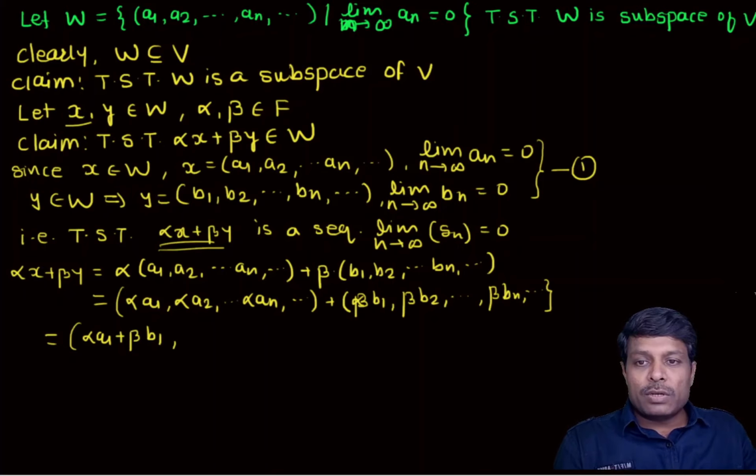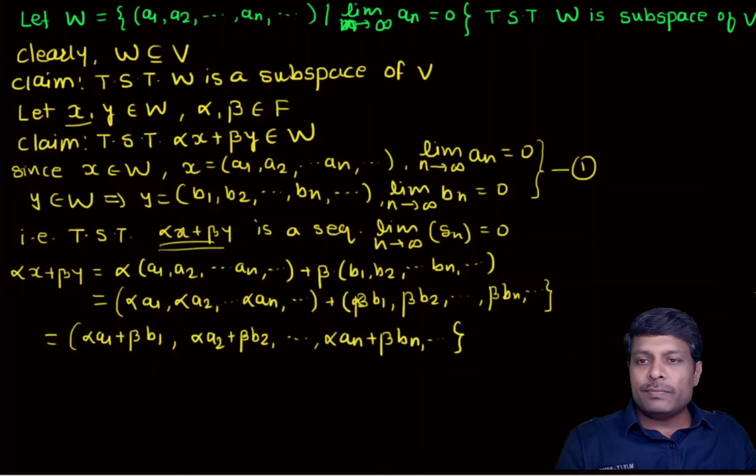Okay, so alpha a2 plus beta b2 will be the second term of the new sequence. In this fashion, the nth term would be alpha an plus beta bn, and so on.